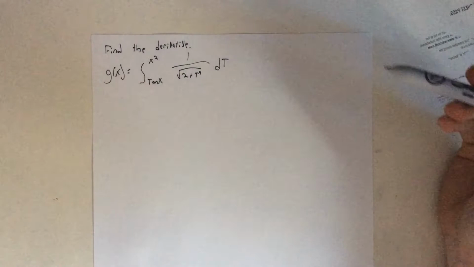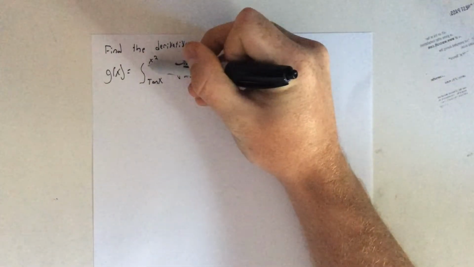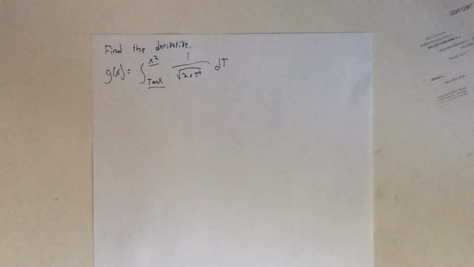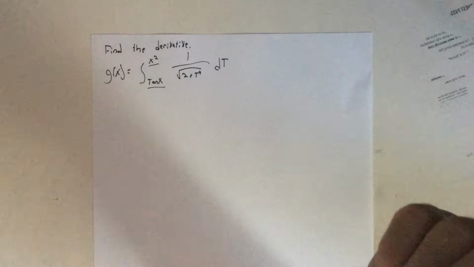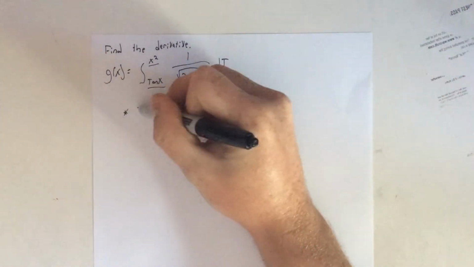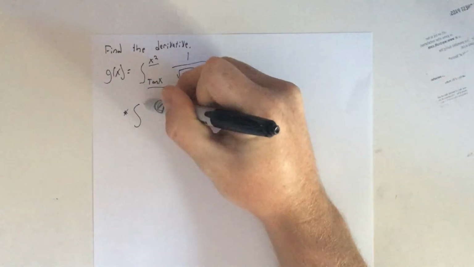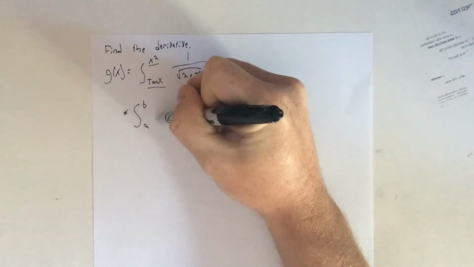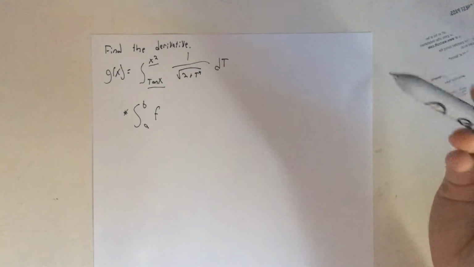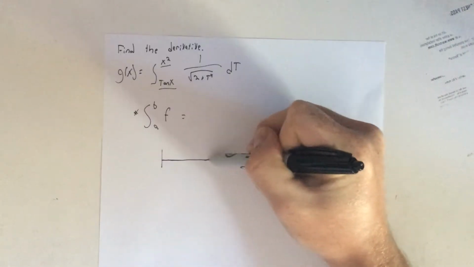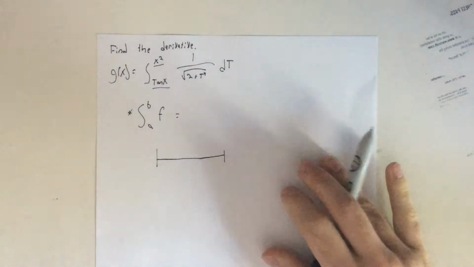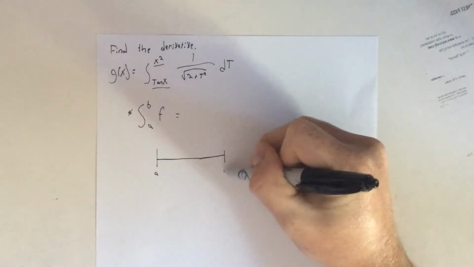Alright, so for our next problem, we'll have to find the derivative of this g of x, which you'll notice has variables in both the upper and lower limits of integration. The way we can attack this problem is by recalling there's a rule that if you have a function with the limits of integration being from a to b, say this is our x-axis, and here's a, here's b.